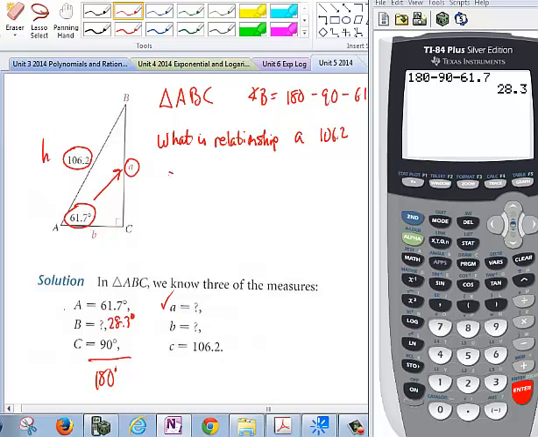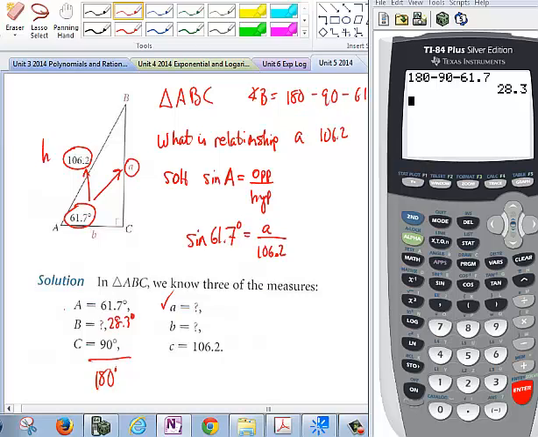The sine of an angle is equal to the opposite over the hypotenuse. So we're going to use angle A: the sine of 61.7 degrees is equal to my missing side a over 106.2.